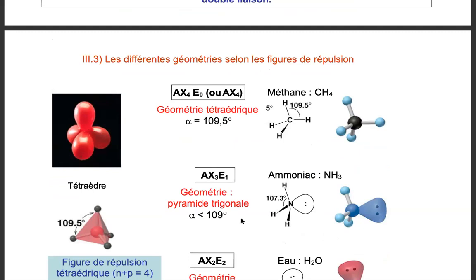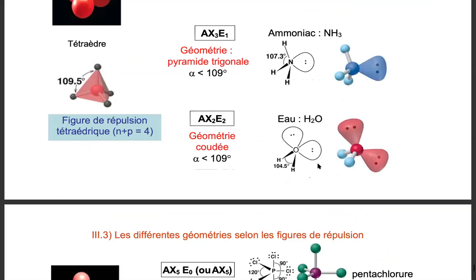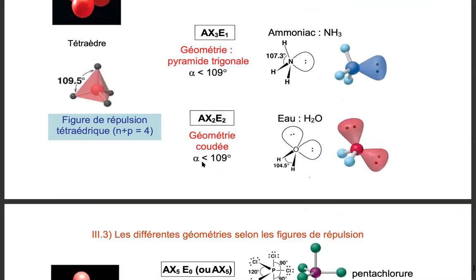Then we have water. The angle between the adjacent hydrogen atoms is less than 109 degrees. Then there are two pairs of lone electrons, so P is equal to 2.